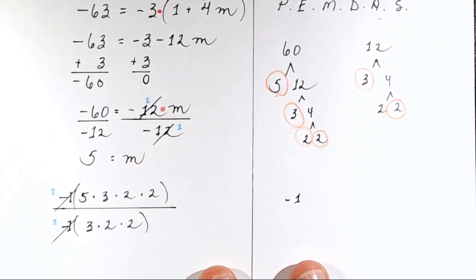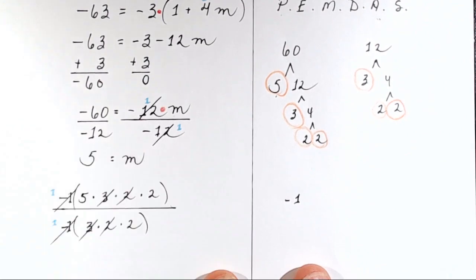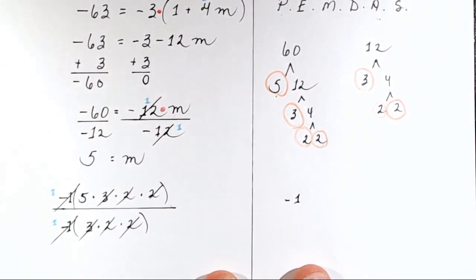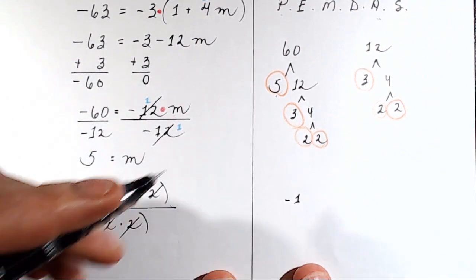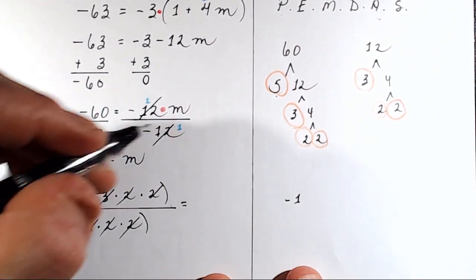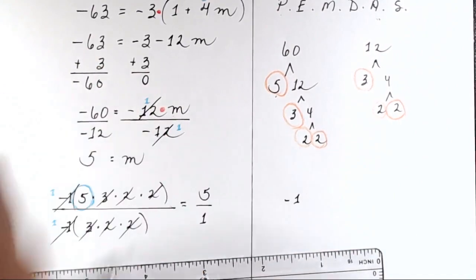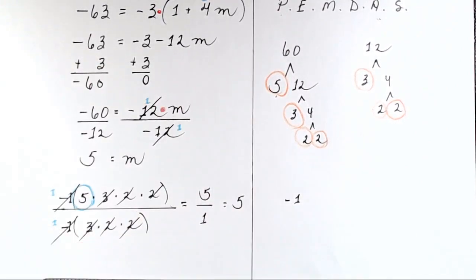What else can I cancel? I can cancel this 2 with this 2, and this 3 with this 3, and this 2 with this 2, okay? So the only number that's left is a 5. So if we want to be extremely verbose about how we're solving the problem, I have now 5 over 1, which just equals 5. And that's the factoring technique.